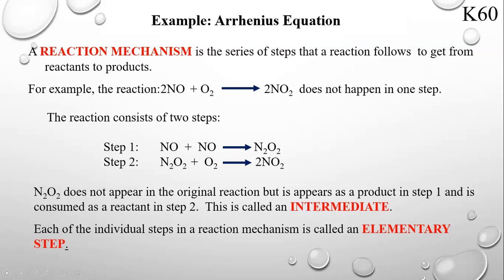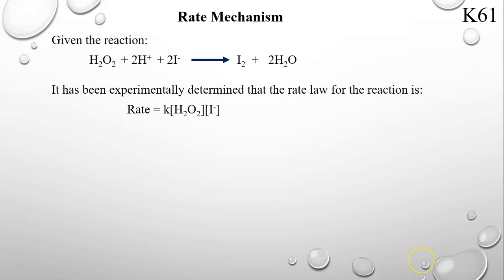You don't see it at the beginning of the reaction, you don't see it at the end of the reaction. That's called an intermediate. Each of the individual steps in the reaction is called an elementary step. Okay, so step 1 and step 2 are called elementary steps, which result in the overall reaction up above.